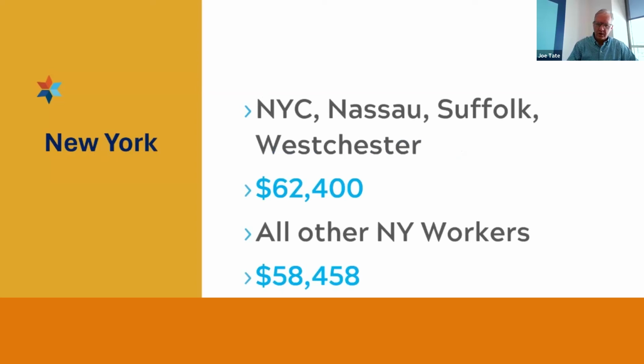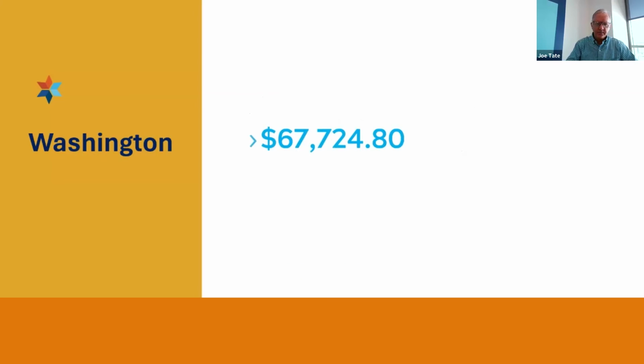And New York, so if the worker is in New York City, Nassau, Suffolk, Westchester, the number is 62,400. All other New York workers are at 58,458. And coming in at the lead here is the state of Washington, 67,724.80.